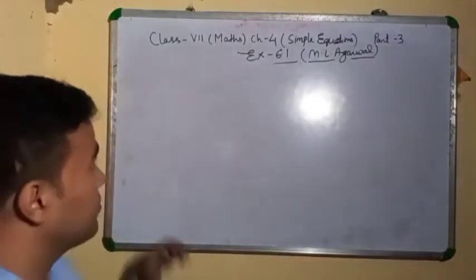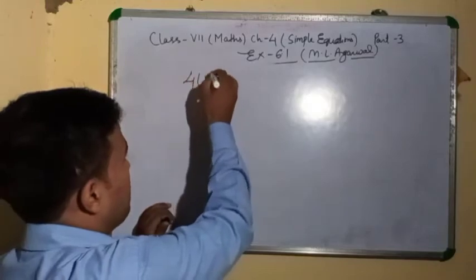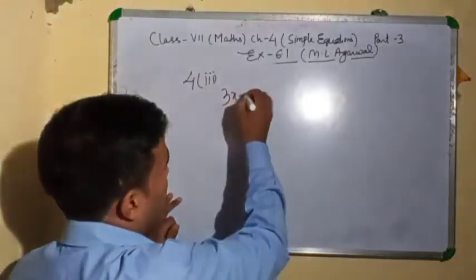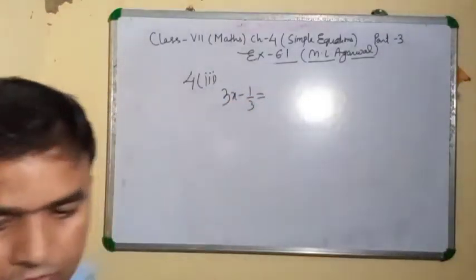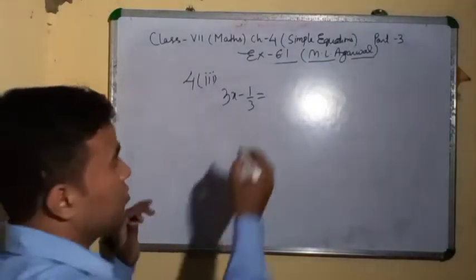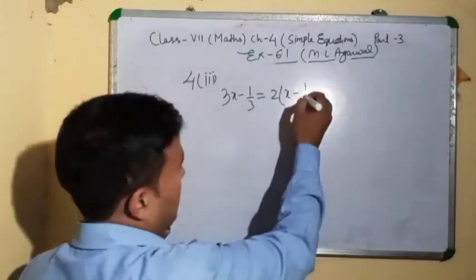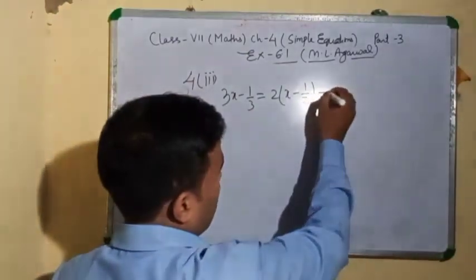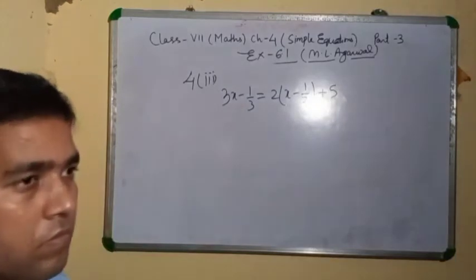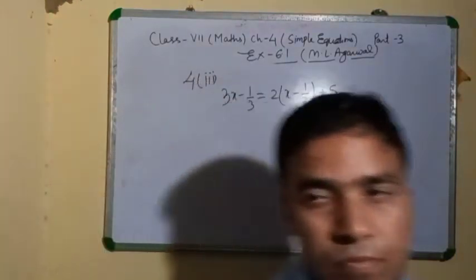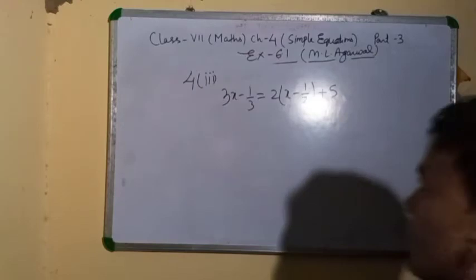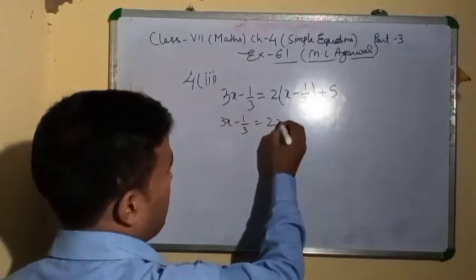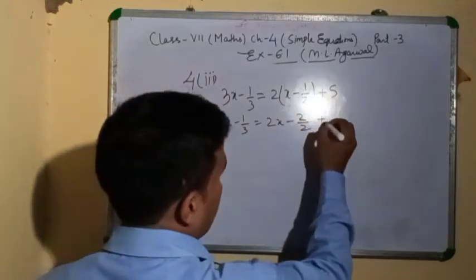Third one. 3x minus 1 by 3 equal to 2x minus 1 by 2 plus 5. Then 3x minus 1 by 3 equal to 2x minus 2 by 2 plus 5.